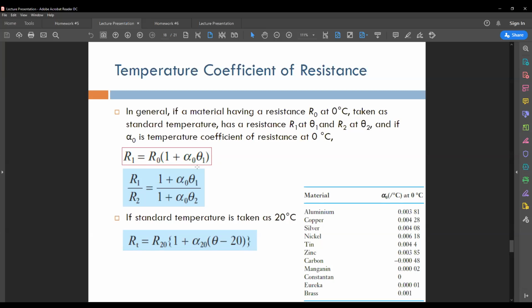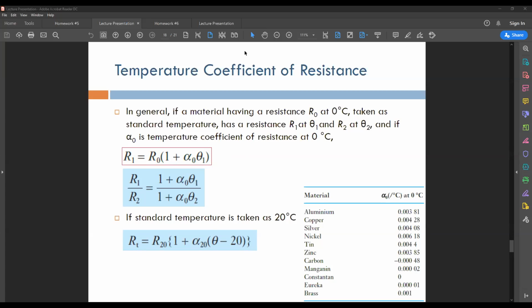Of course, if you have the same resistance at two different temperatures, then if you divide these two together, maybe I can show it to you clearly here.